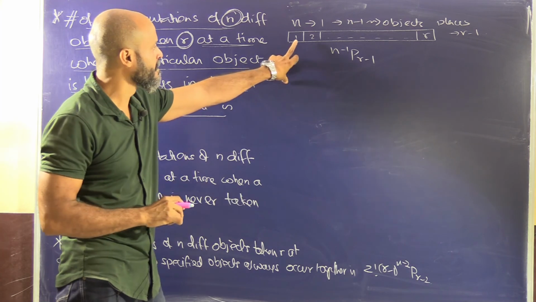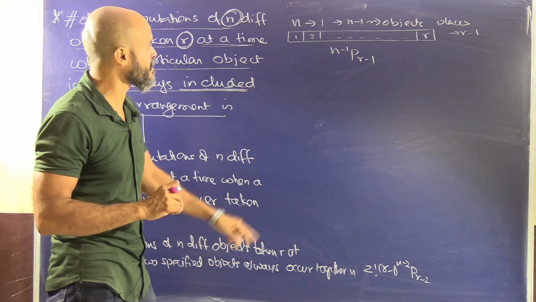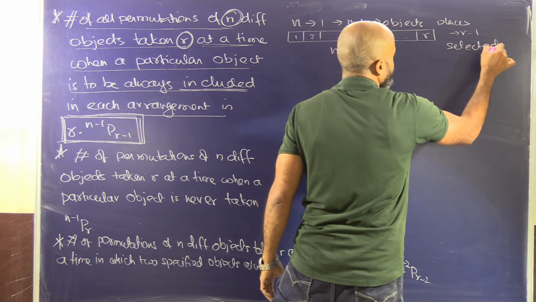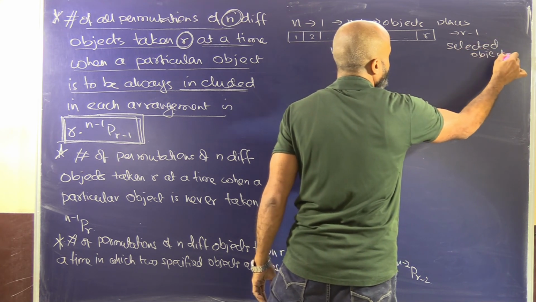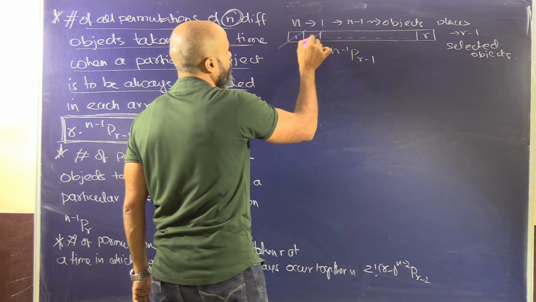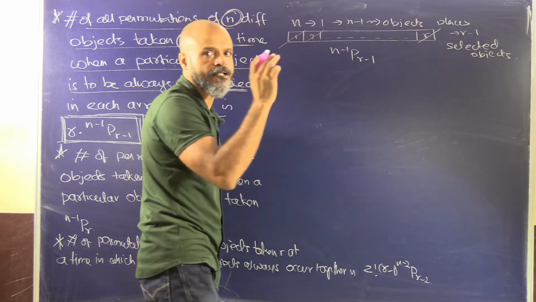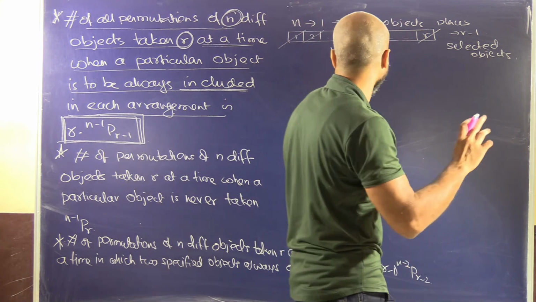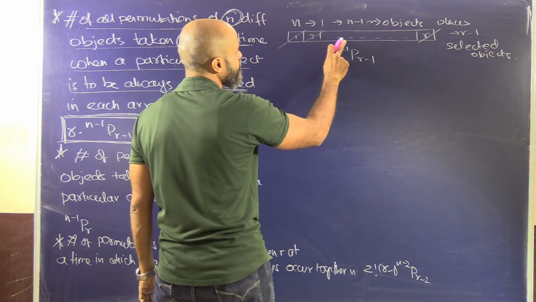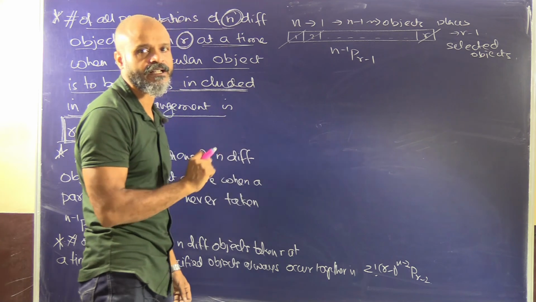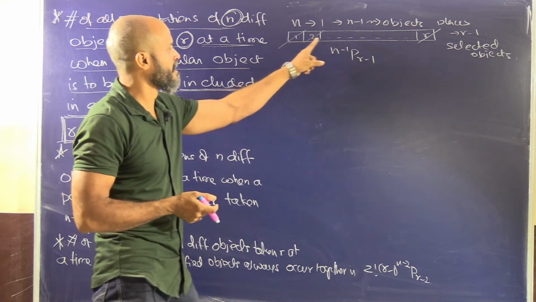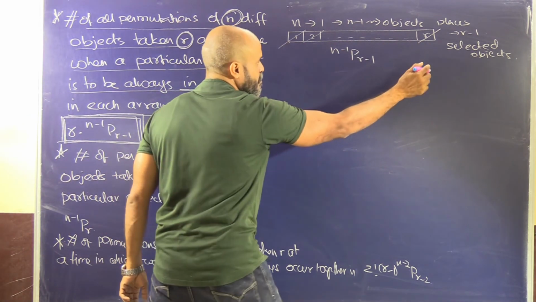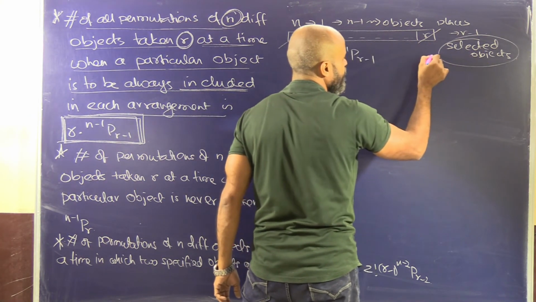Now, the selected object can be placed in any of these places: first, second, up to the rth place. So we have r options to place this one object.